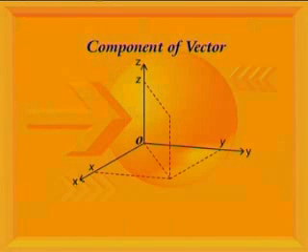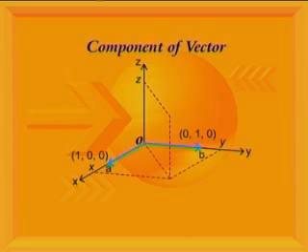If we have a point A on the x-axis with coordinates 1, 0, 0, a point B on the y-axis with coordinates 0, 1, 0, and a point C on the z-axis with coordinates 0, 0, 1, then the lengths of the vectors OA, OB, and OC are one unit, and their directions are along the x-axis, y-axis, and z-axis respectively.